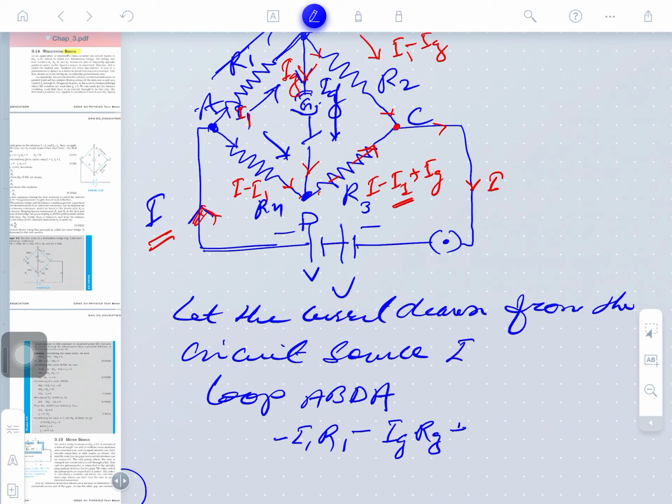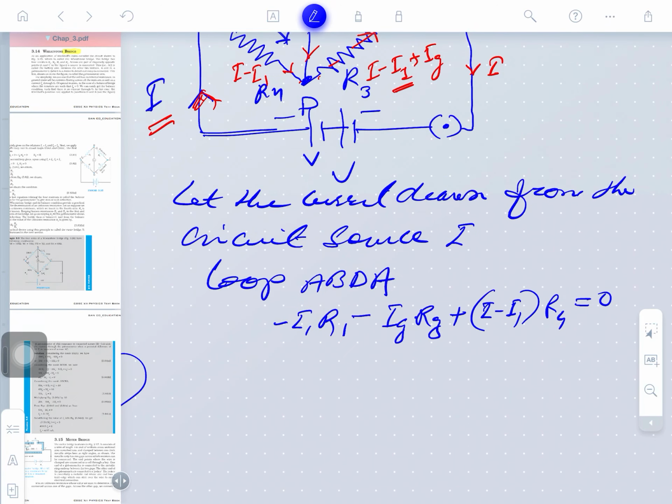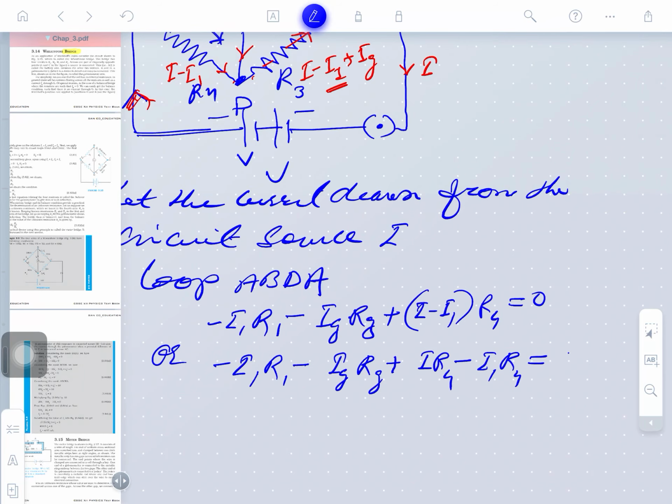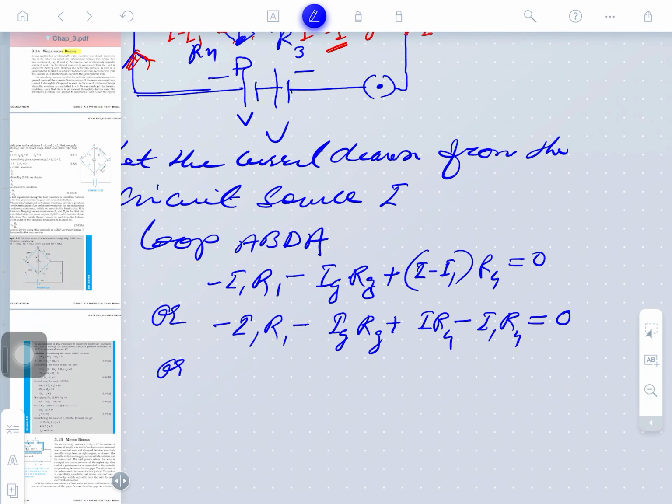And D to A is opposite to that, so positive I minus I1 multiplied by R4 is equal to 0, that is one equation. So it can be written as minus I1 R1 minus Ig Rg plus I R4 minus I1 R4 is equal to 0. So I1 as a constant can also be taken out here.